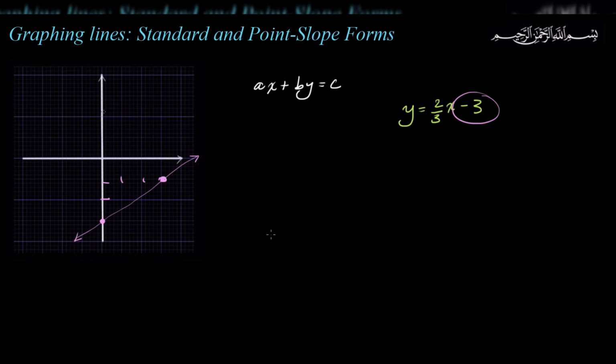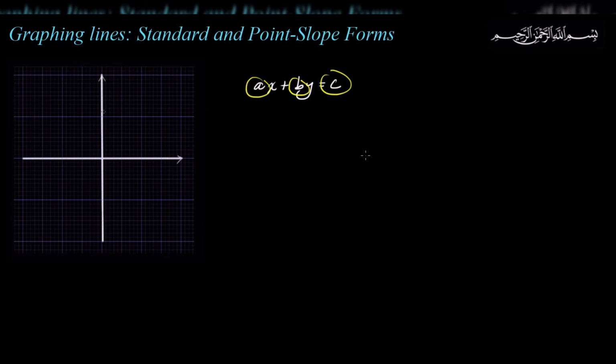So there is a strategy for graphing lines given in the most common form, the slope-intercept form. In the same way, if you're given a line in the standard form, ax plus by equals c, where a, b, and c are constant numbers and x and y are the variables, there is a methodology for graphing these. Let's start with an example: 2x plus 3y is equal to 6.